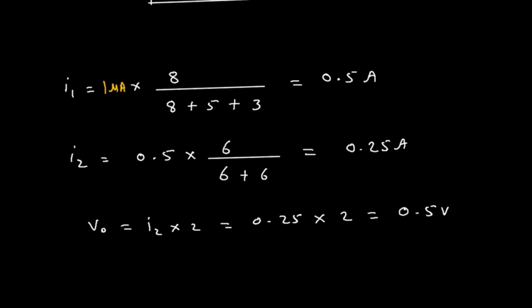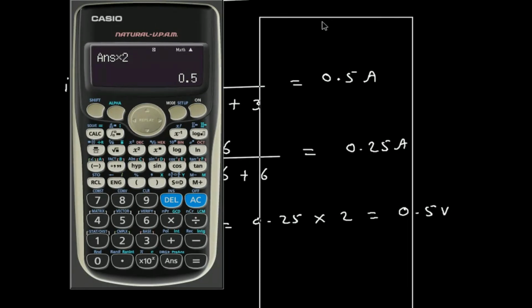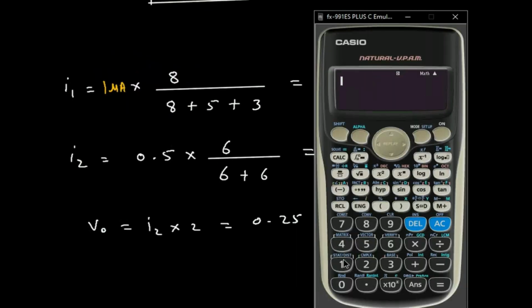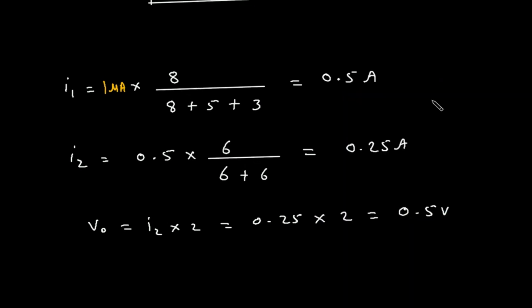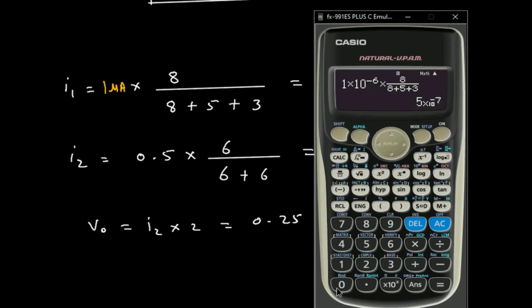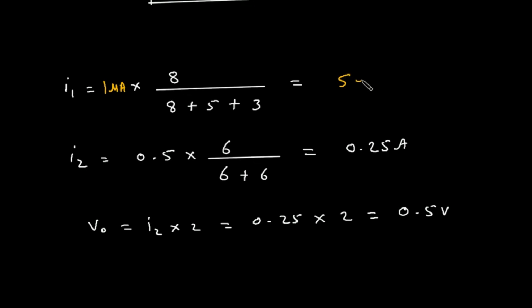So this will be 1 into 10 raised to minus 6 into 8 by 8 plus 5 plus 3. 5 into 10 raised to minus 7, or 500 nanoampere.